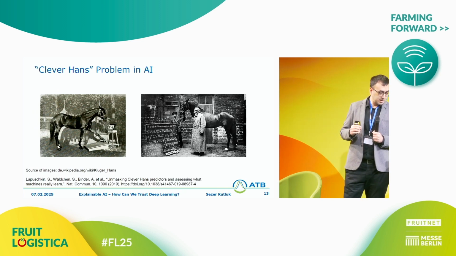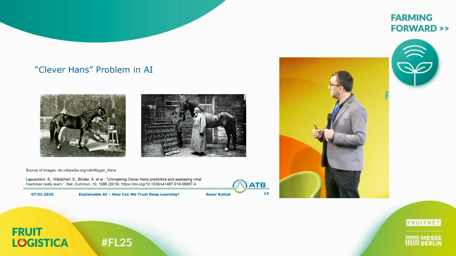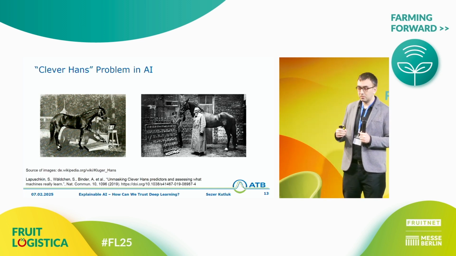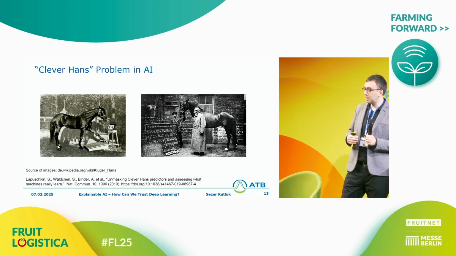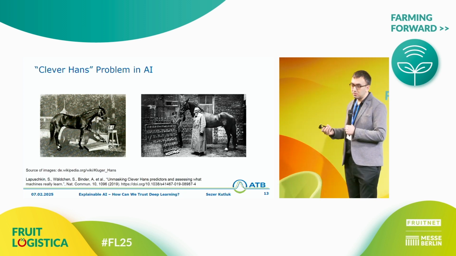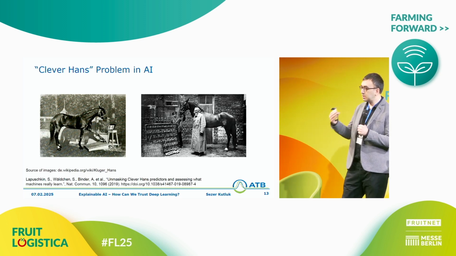Actually, in AI, this is also known as the Clever Hans problem. Clever Hans was a horse, and people thought that it could do arithmetic operations. But it turned out that it associated some subtle cues, gestures of its owner, to some outputs.